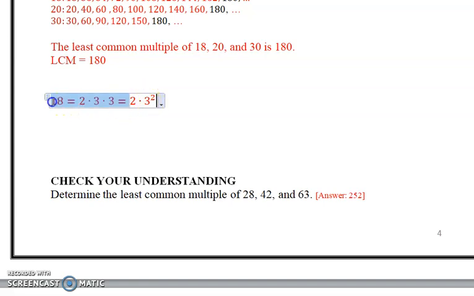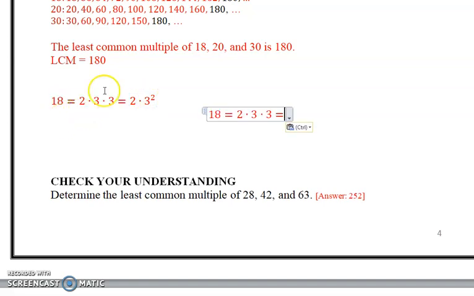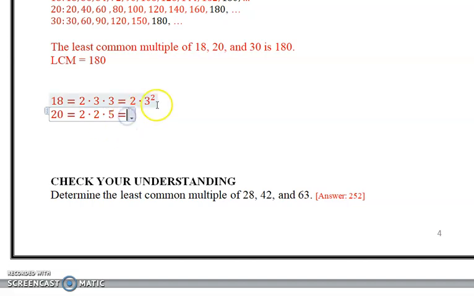We know 20 is equal to 2 times 2 times 5, which is equal to 2 squared multiplied by 5.